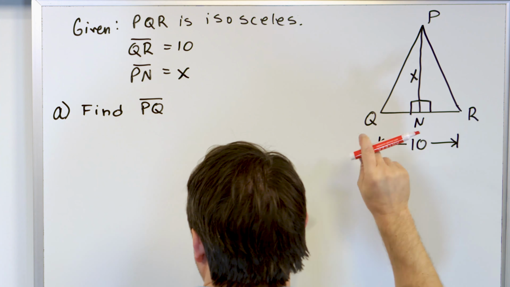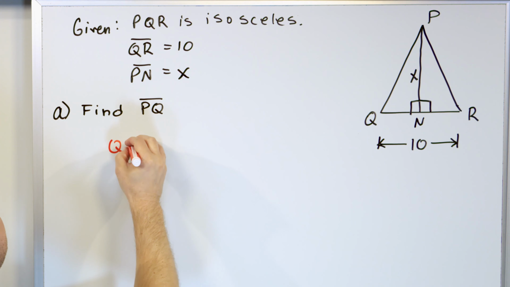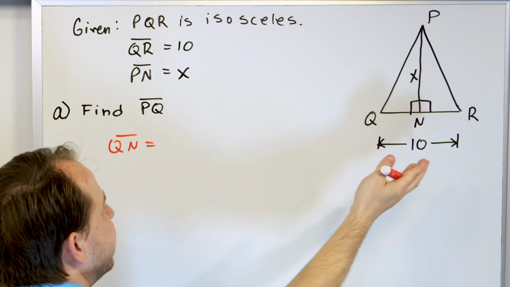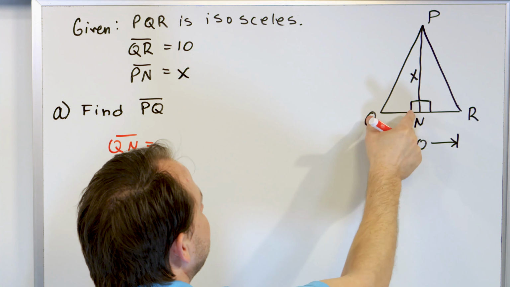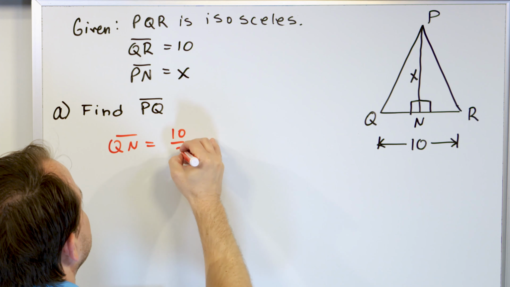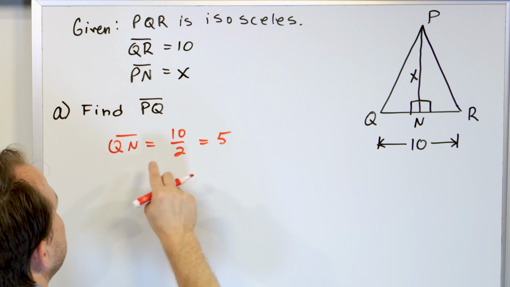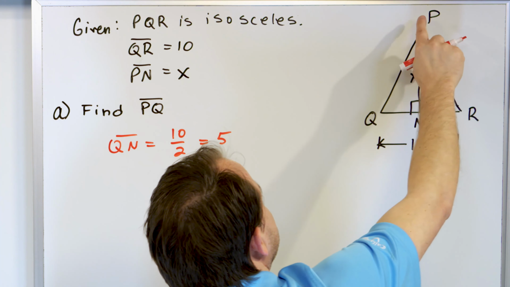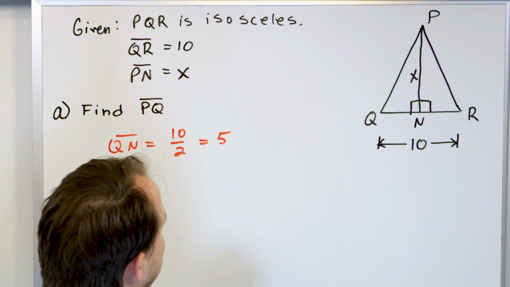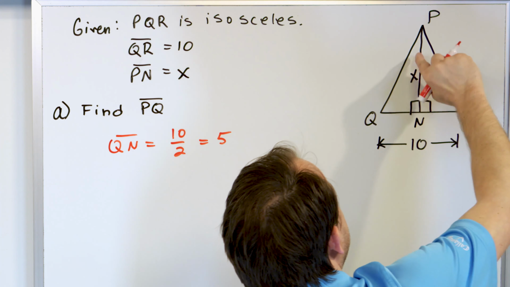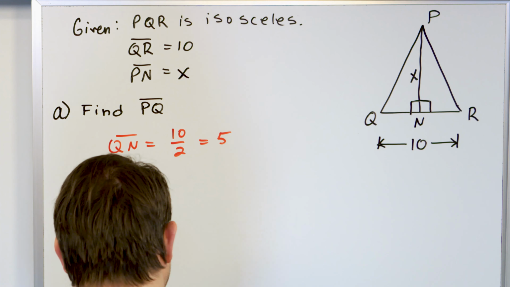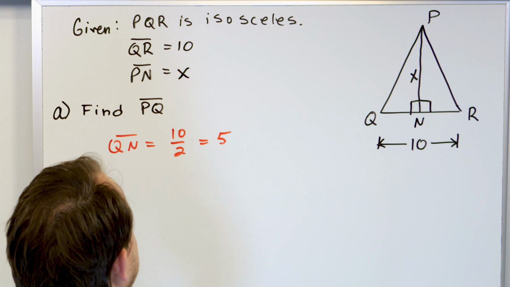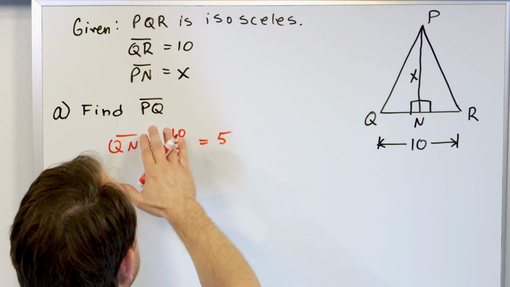So in order to do the Pythagorean theorem with this side, which is what I want to do since I'm looking for PQ, I need to know the length here. I'm going to call it QN. QN is not given to me in the problem, but I know since it's isosceles, it has to be 10 divided by 2, which means it has to be equal to 5. So this length here, QN, is equal to 5. I do not know what this length here is equal to, but I'm trying to figure out what PQ is in terms of x.